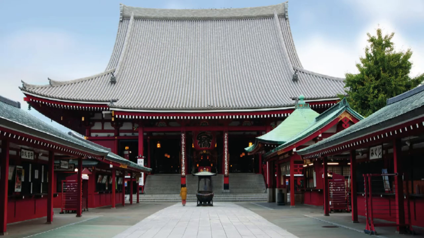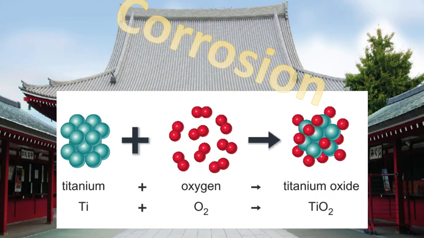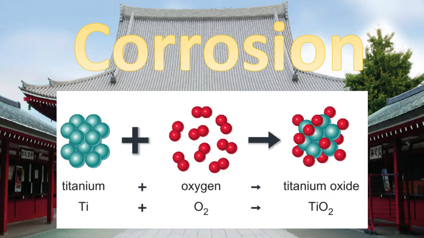Let's have a look at the word equation for that. So titanium plus oxygen goes to titanium oxide. That titanium oxide can create a barrier against further corrosion. So further corrosion is prevented because the oxide leaves a barrier over the top of the roof.